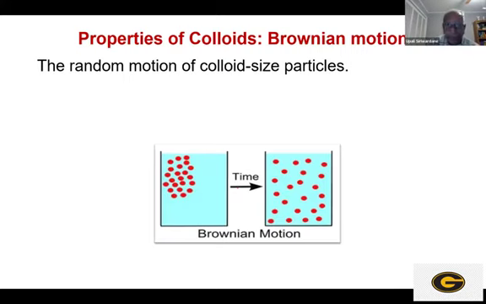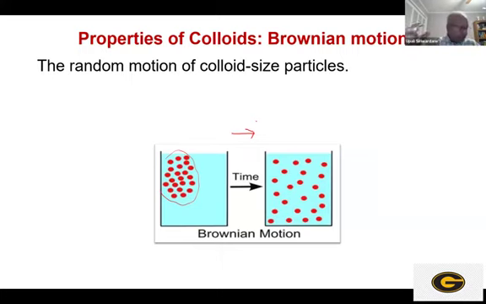Colloids show a property called Brownian motion. Colloid particles, because of the Brownian motion, get dispersed. Brownian motion is shown here. If you put colloid particles in a medium, one of these mediums we talked about in the previous slide, they get dispersed due to Brownian motion.